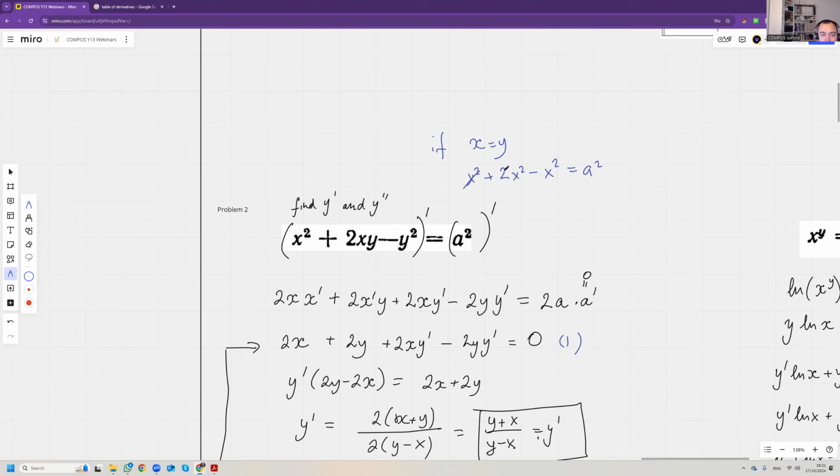So 2x squared, x squared equals a squared over 2. So x equals plus or minus a over square root 2. So that's two vertical lines. So yeah, the derivative doesn't exist at this point because it's a vertical line.